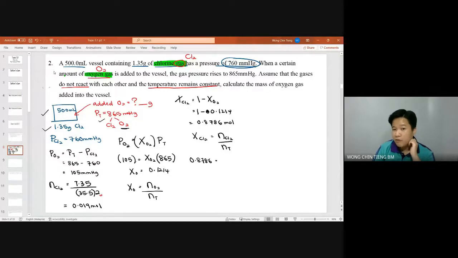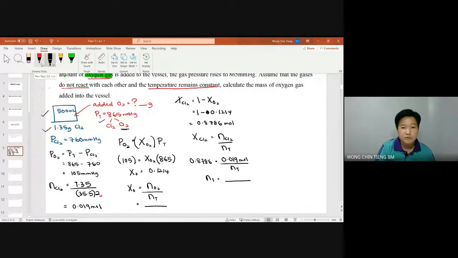Alright? Number of mole chlorine yang kita dah kira awal tadi, Anis bagi 0.019. So from that, you will then get the number of mole total. And the number of mole total yang kamu kira boleh masuk ke dalam ini. Right? Okay, nampak tak?